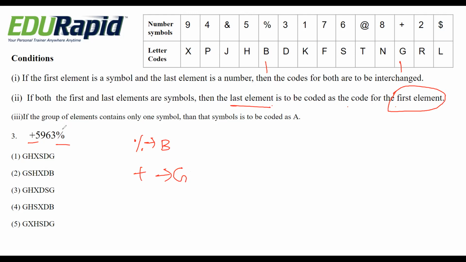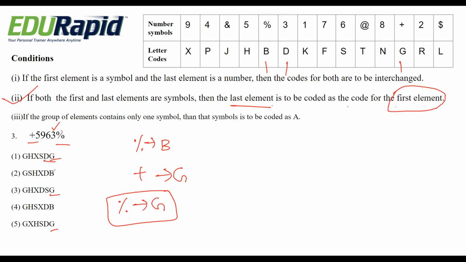The last element means percentage, and it is coded as the first element. So for percentage we have to take G according to condition number 2. So for percentage it is G. Let me see the last but one, 3. For number 3 it is coded as D.